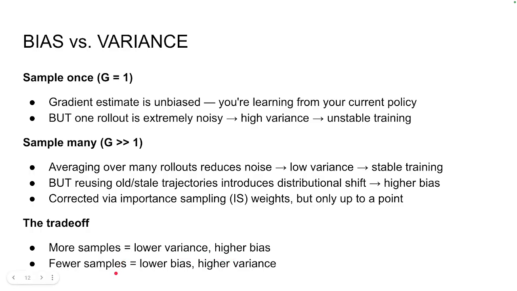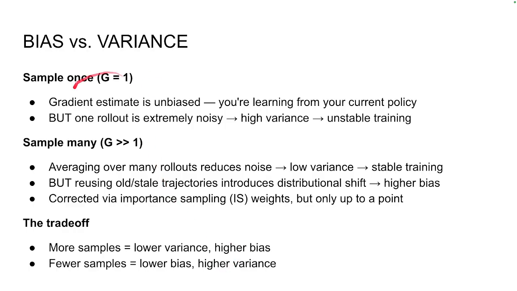And with fewer samples, you would have lower bias, as you will be good at estimating those trajectories that are in a batch, but you would have higher variance because you are not seeing a lot of responses, actions, and trajectories.